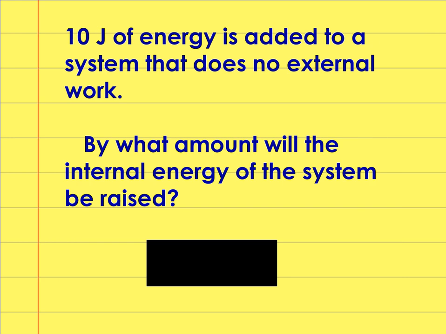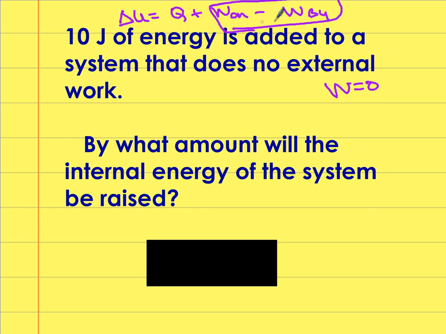Now, let's use the first law of thermodynamics. 10 joules of energy is added to a system that does no external work. Okay, so the work is 0. Now, may I point out, delta U is Q plus the work done on minus the work done by. You're only going to have one of these works. It's on or by. So if I add 10 joules of energy, I'm adding heat.